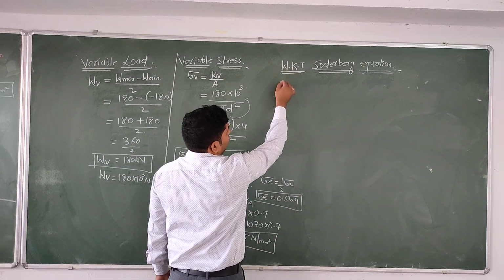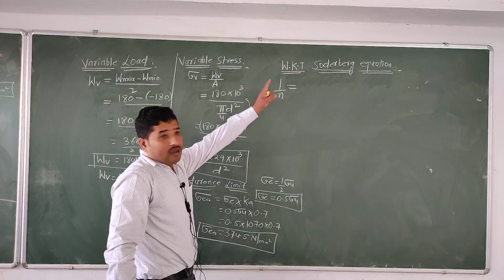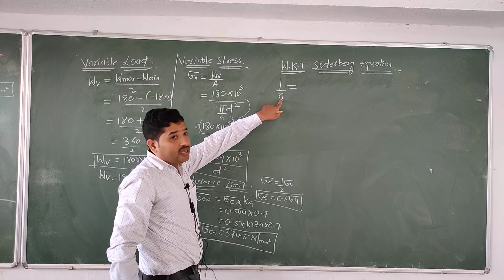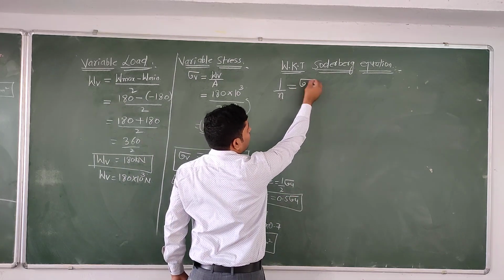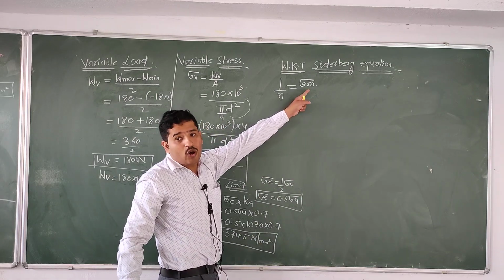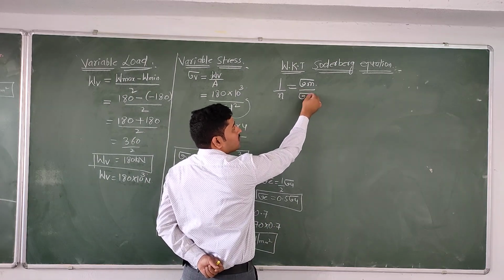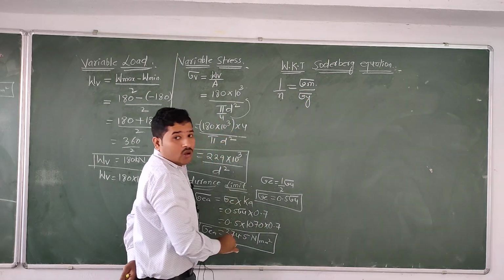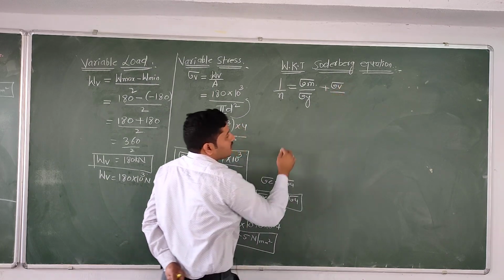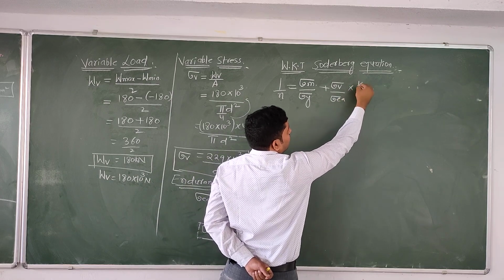I will represent 1 by n, which is nothing but the factor of safety, equal to sigma m by sigma y, where sigma m is nothing but the mean stress. Plus sigma v by sigma EA into KF.